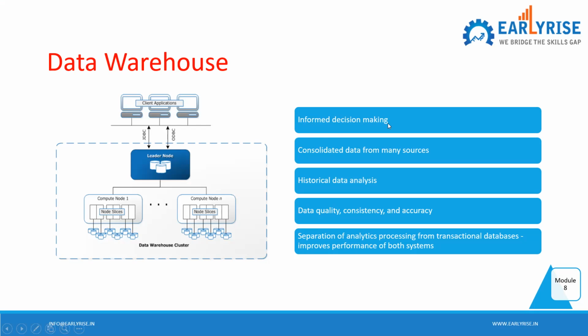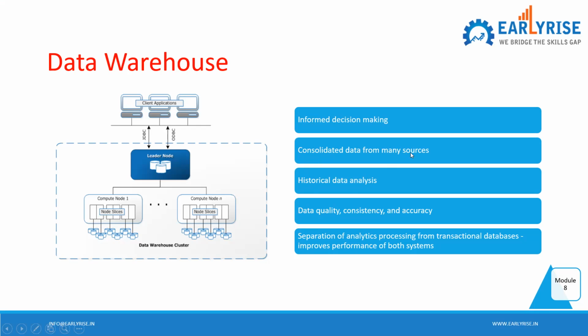So you get informed decision making. For any business, you will have the information for deciding whether you want to launch a product or not, whether you want to do something in a particular region or not. All those kinds of business decisions you can take, based on the analysis done by the data warehouse, right?